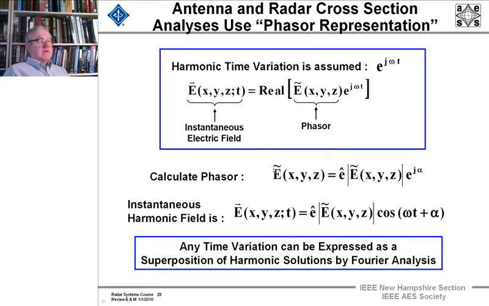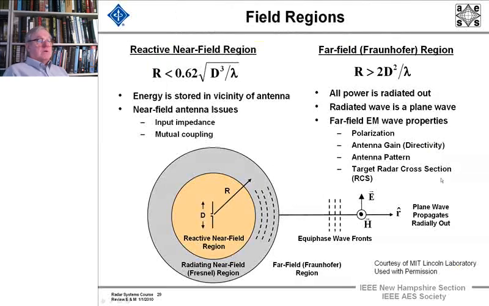If we have an instantaneous harmonic field, which is, say, the electric field as a function of x, y, z, and t, it can be described by a unit vector, and then this curly means the phasor, the magnitude of the phasor, and its phase, a complex number. Here's the representation of the phasor. The complex electric field is a unit vector in its direction times the magnitude times the phase. So any time variation can be expressed as a superposition of harmonic solutions by Fourier analysis.